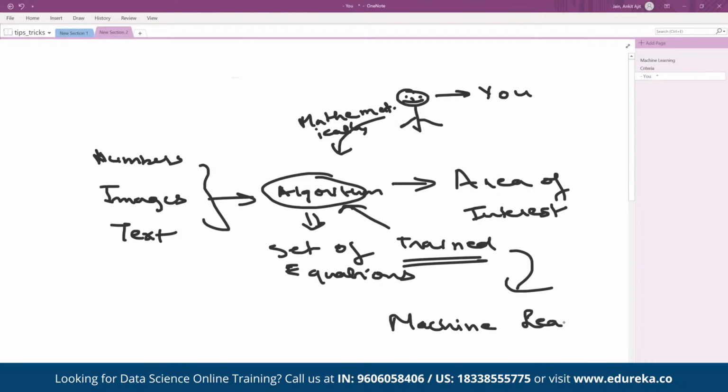So what you have done, you have made an algorithm learn that from the given text, images, or numbers, this is my area of interest. Please learn that. The algorithm will solve the set of equations and get itself trained. This phenomenon is basically known as machine learning.